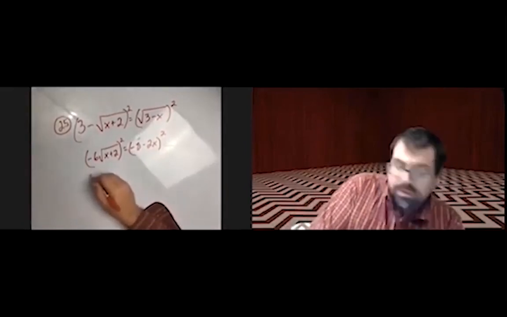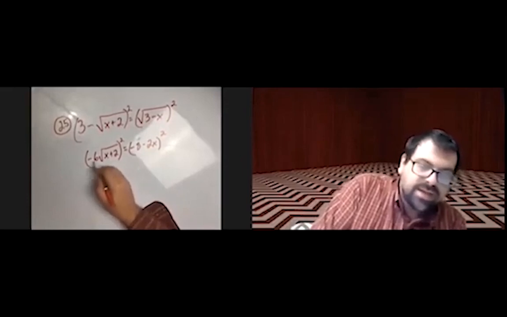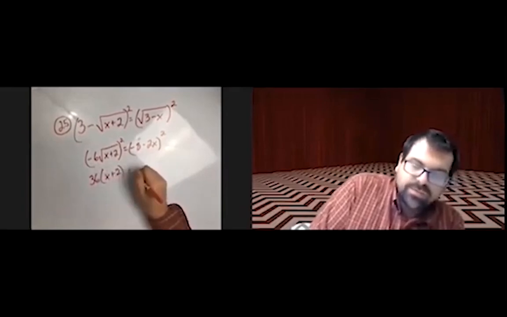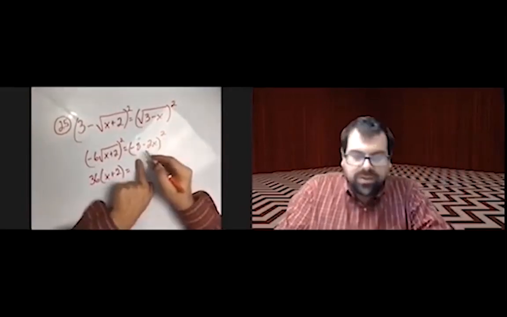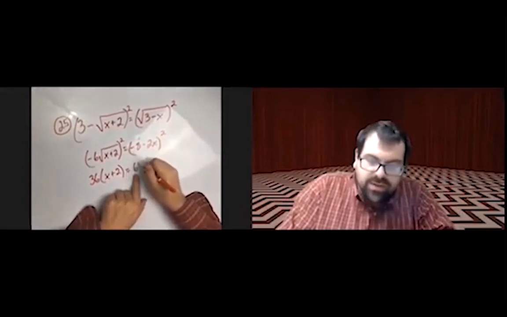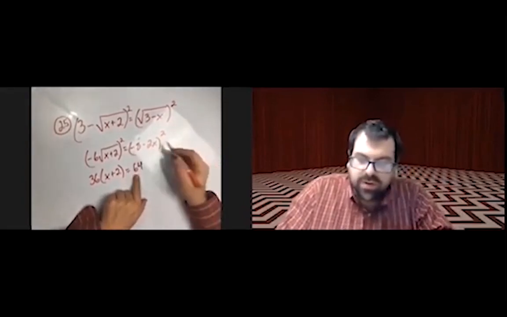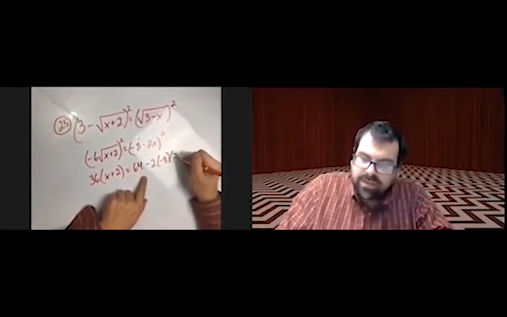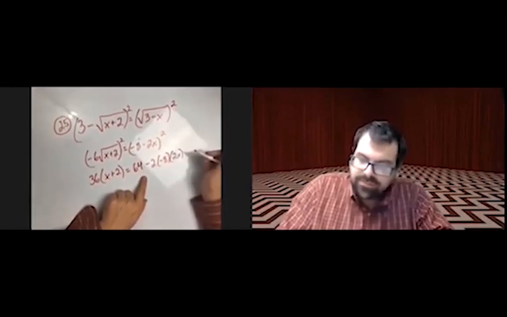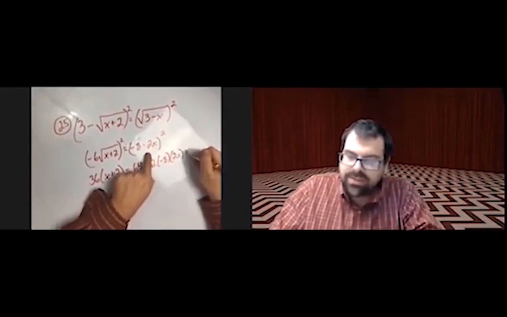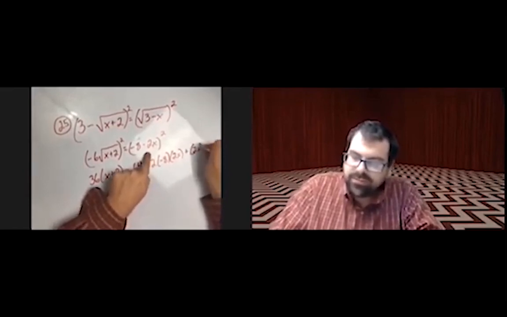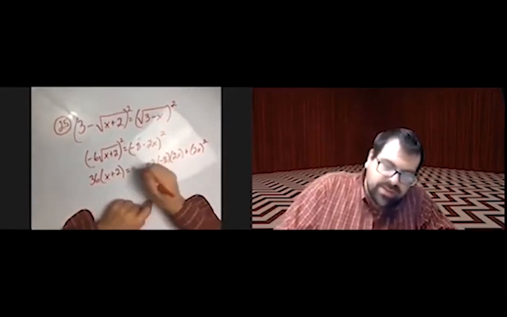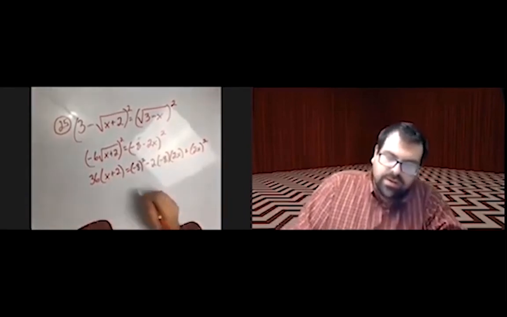Here, negative 6 times negative 6 is positive 36 times x plus 2. Over here, square the first. Negative 8 squared is positive 64. Minus 2 times negative 8 times 2x, plus 2x squared. So I'll even write this as negative 8 squared for now.